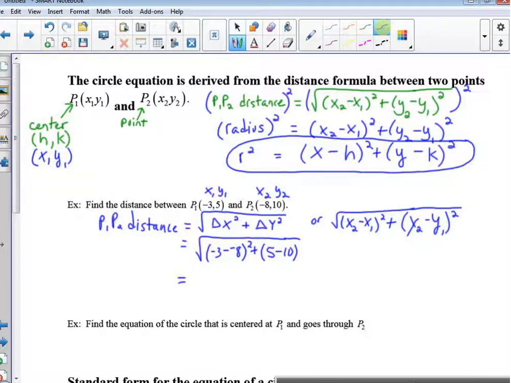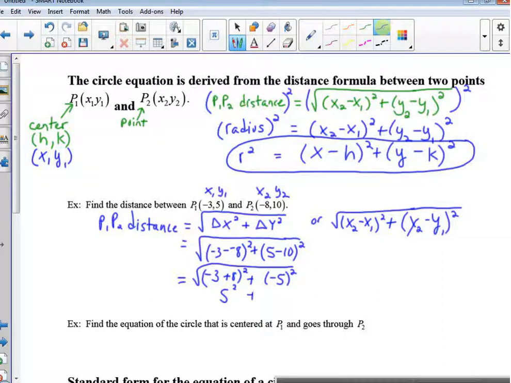Negative 3, 5 is x1, y1. Negative 8, 10, x2, y2. And so then I get negative 3 plus 8, which is just 5. And then, oops, this one's squared too. So then I get negative 5 squared.